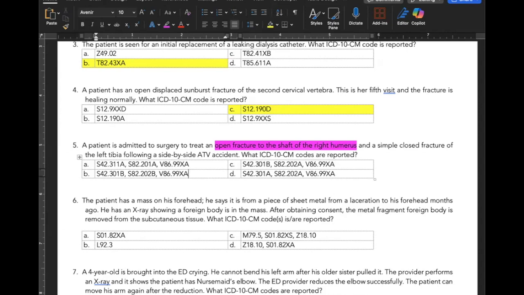And then do we have any additional information that we want to go into our indentations, or do we want to stop at shaft? Stop at shaft. Yep, we're going to stop at shaft. Okay. So what code does that give us that we're going to further expand? S42.30. Yep.